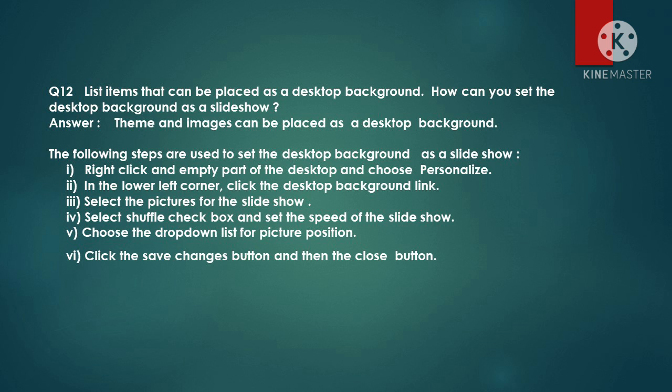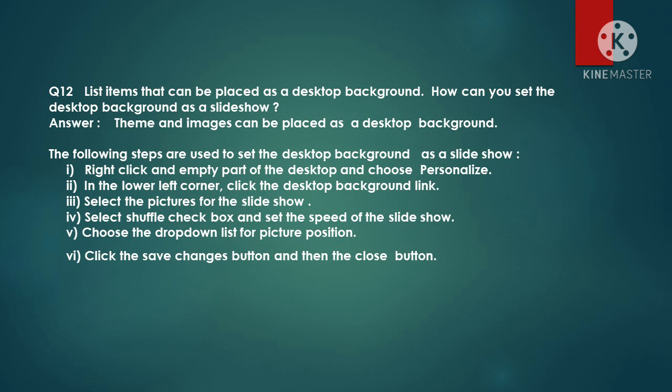The following steps are used to set the desktop background as a slideshow. Step 1. Right-click an empty part of the desktop and choose the Personalize option. Step 2. In the lower left corner, click the desktop background link.